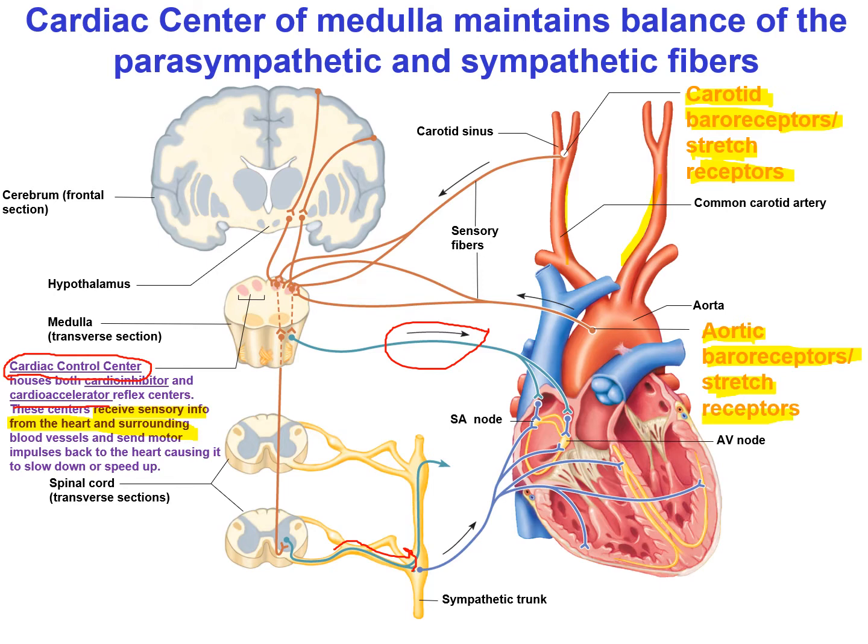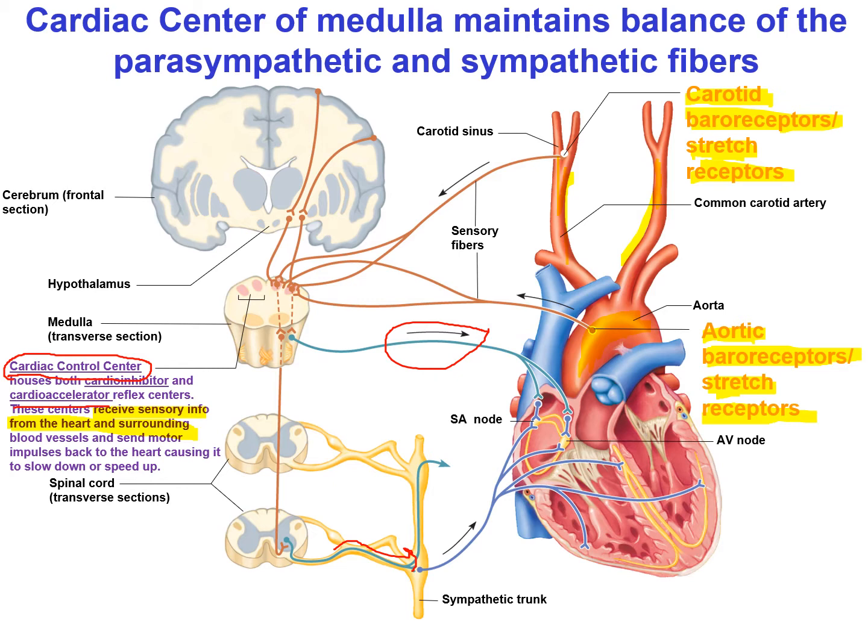They're all the same thing. They're monitoring the stretching of the wall of the aorta here, just like the baroreceptors up here in the carotid sinus. We're monitoring the stretch of the walls of the carotid arteries. Now remember, blood's being ejected from the left ventricle through the aortic semilunar valve into the aorta, so blood is under high pressure here. It's also under high pressure up here in the carotid arteries.